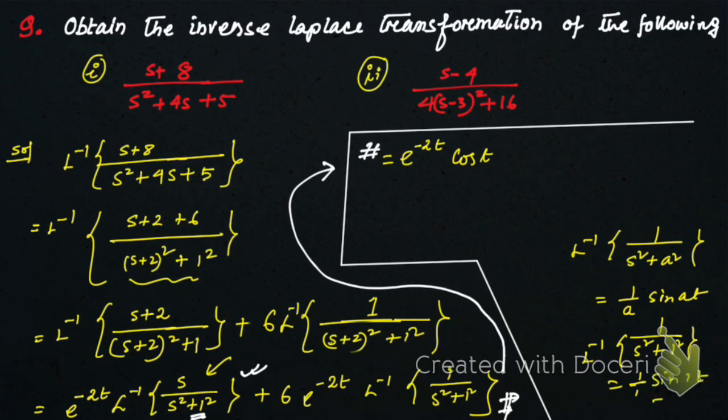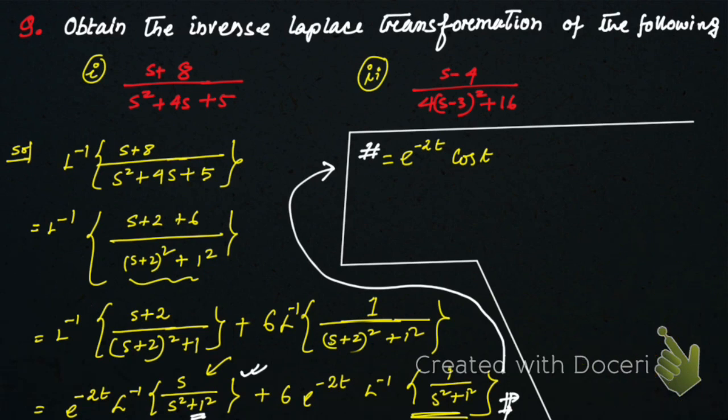So we will get sine t. So result of this is sine t. So what we have got finally, the next part, plus 6 e to the power minus 2t sine t, right? That's what we have got.